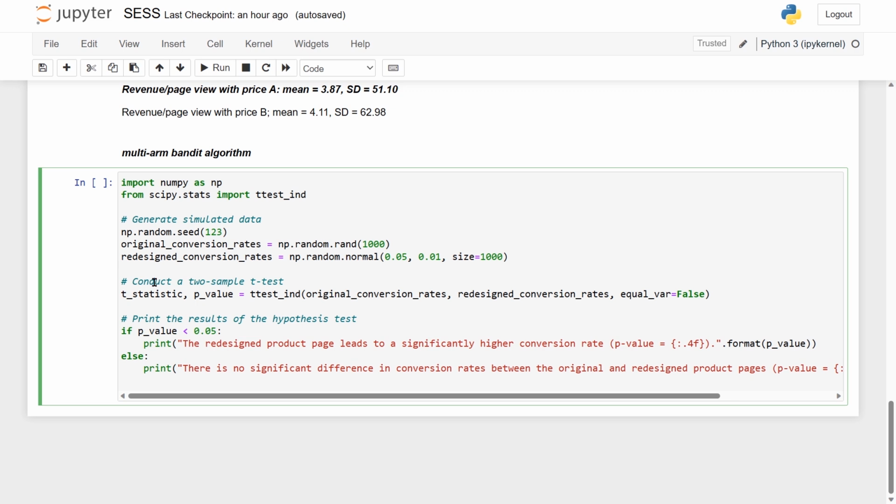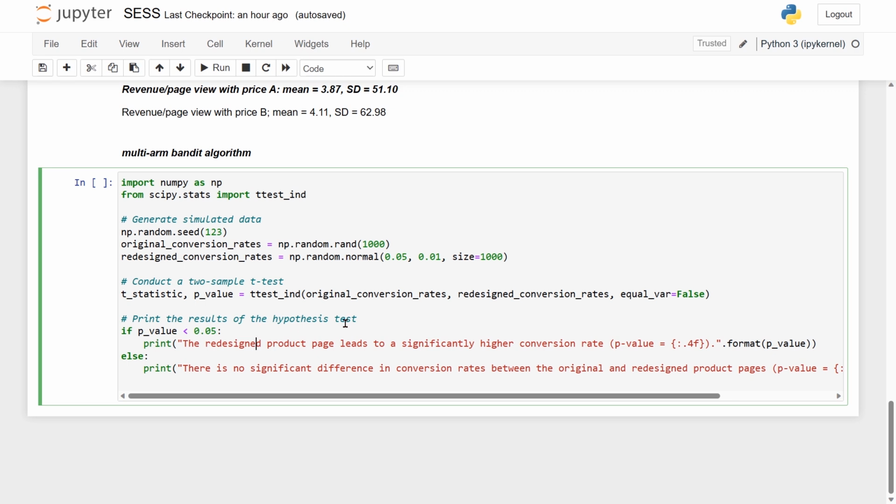Then after that, we have to conduct a two sample t-test. So t statistic and p value we have calculated both, with ttest_ind on original conversion rates and redesigned conversion rates, with equal_var equal to False. So then let's print the results of the hypothesis test and let's see if the p value is less than 0.05.